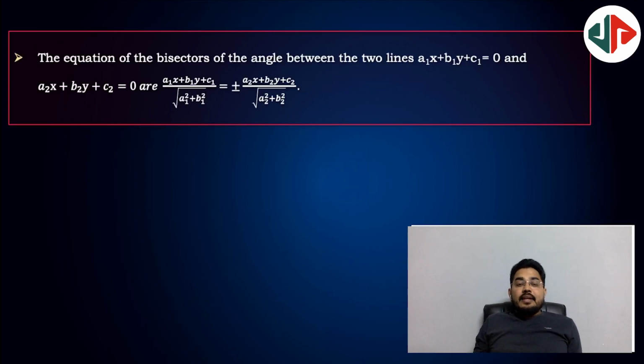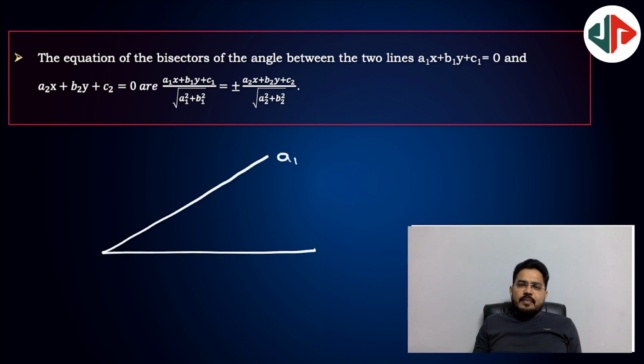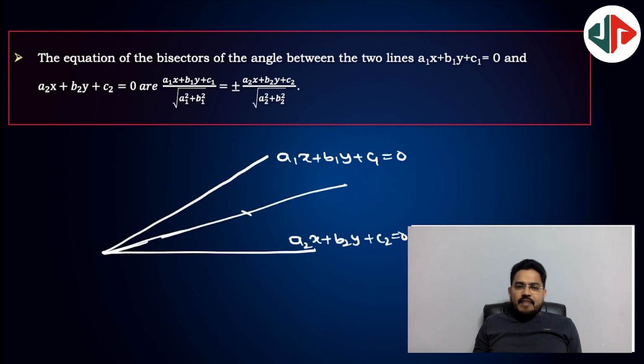Next one is the angular bisector. What is that angular bisector? This is the line a1x plus b1y plus c1 is equal to 0. This is the line a2x plus b2y plus c2 is equal to 0. These are non-parallel lines. Angular bisector means, if this is the point P x1, y1, the set of points equidistant from the given two lines. So for example this is P1, this is P2.